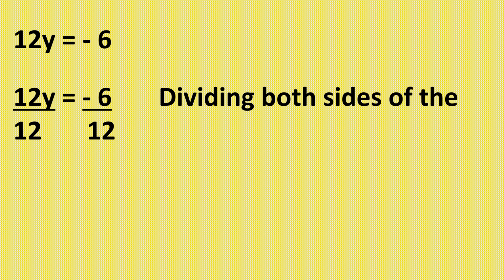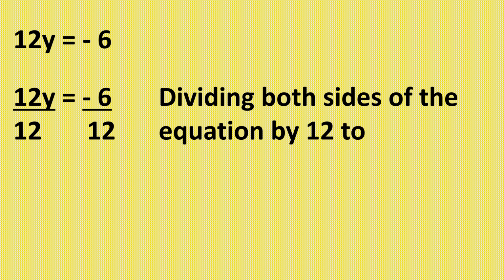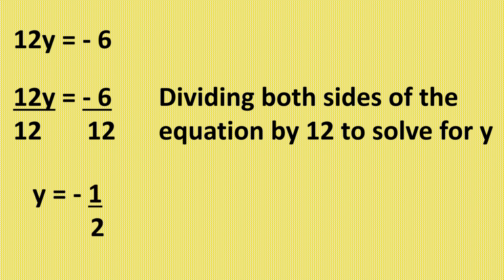If we divide both sides by 12, on the left-hand side, 12 divided by 12 is 1. So therefore, we will be left with the y on the left-hand side. And then minus 6 divided by 12. If we divide the top by 6, we have 1. If we divide the base, that's 12 divided by 6, we have 2.